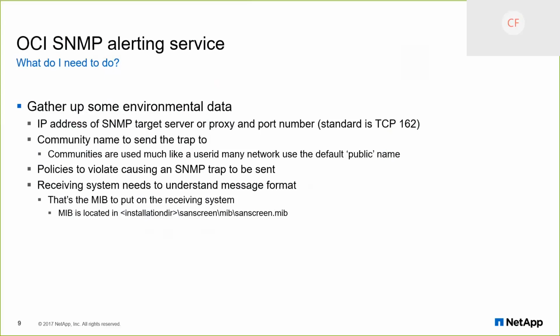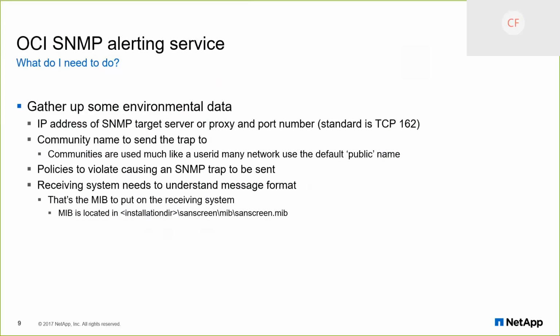Now, I pointed out a little earlier that little tree in the Power SNMP viewer. There is a MIB that has to be loaded on that to make those things show up. That MIB is in the installation directory of your OCI server under Sandscreen, back to an Onaro reference, right?